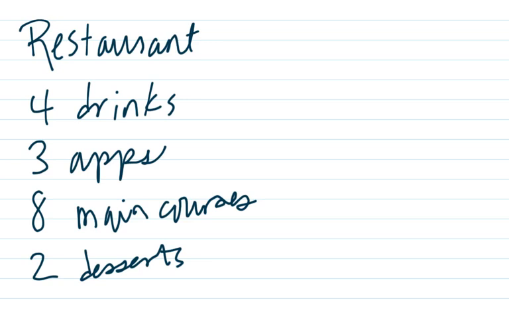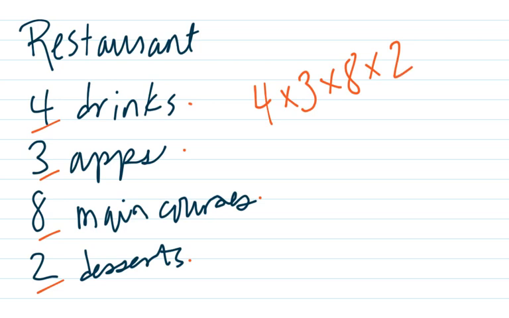So for this kind of problem, all we do is we take the number of options for each part of the meal and we just multiply them. 4 times 3 times 8 times 2. Multiplying that out, we get that there are 192 possible meal outcomes or possible meal combinations.